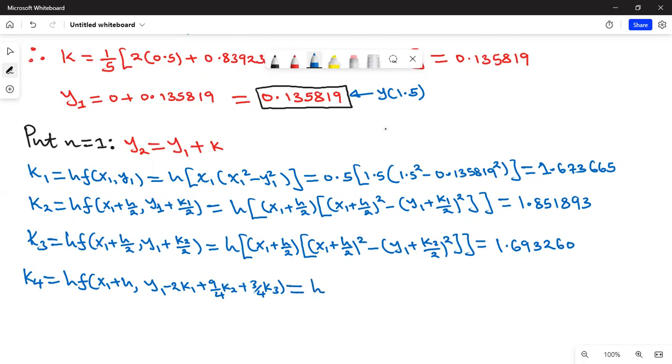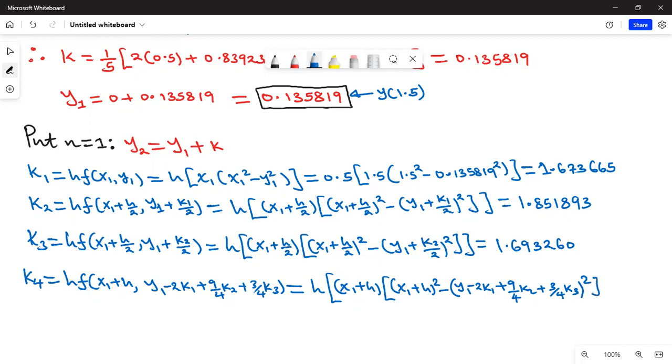And so this should give us h times x1 plus h, multiplying another x1 plus h, and this is squared, minus y1 minus 2k1 plus 9 over 4 k2 plus 3 over 4 k3.